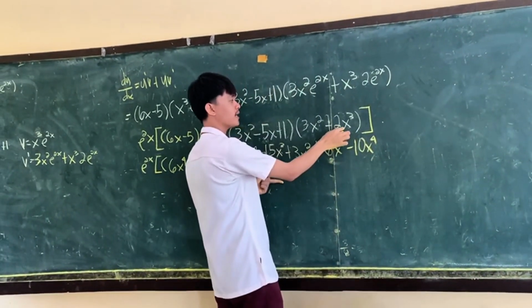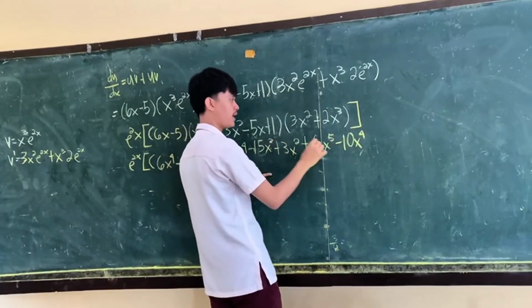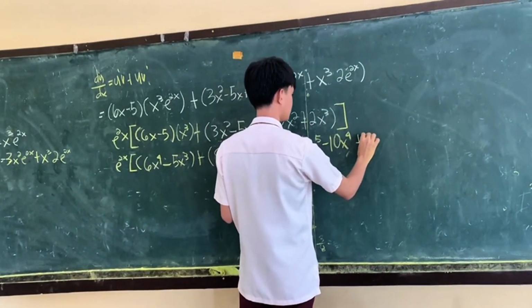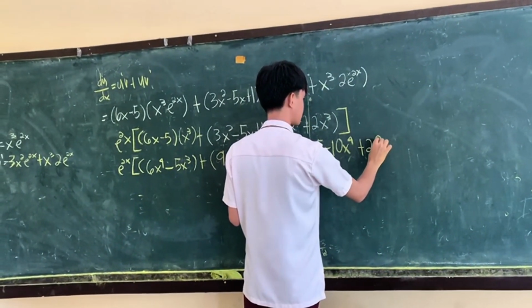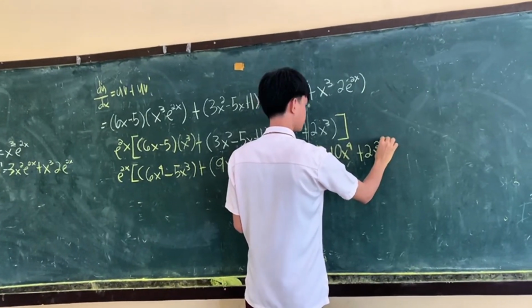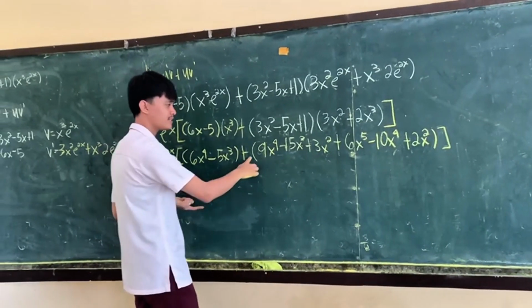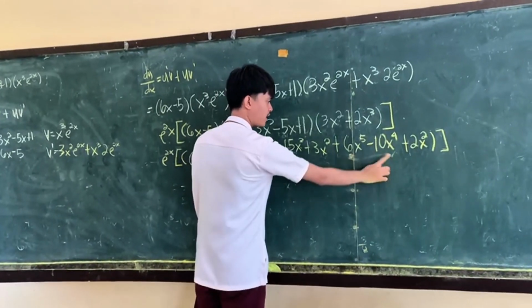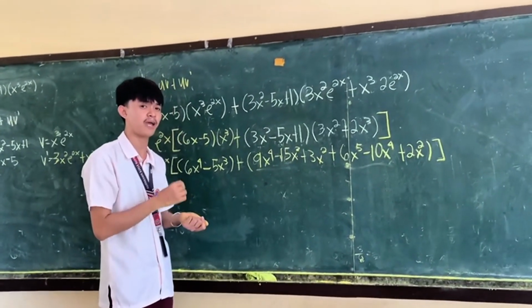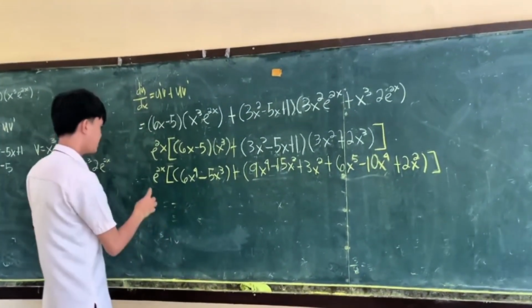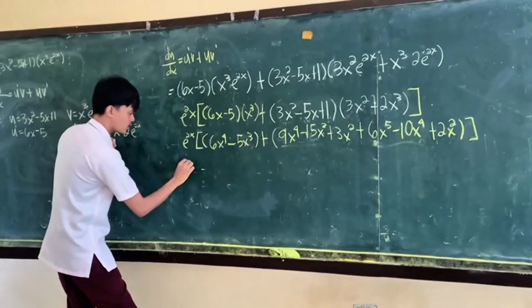And then 2x cubed times 1 is equal to 2x cubed. Now, given this, since this is very long and kind of complicated, let's simplify it by combining its factors.